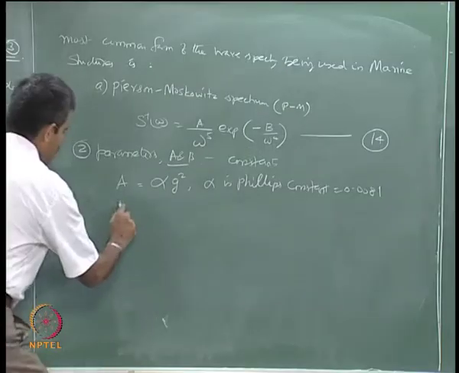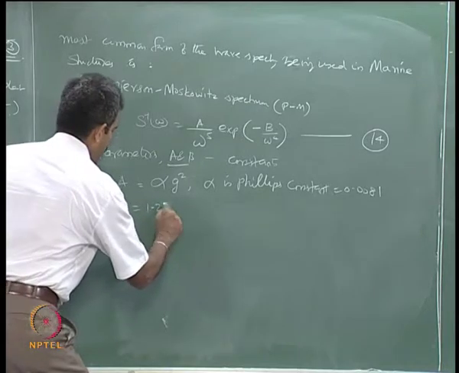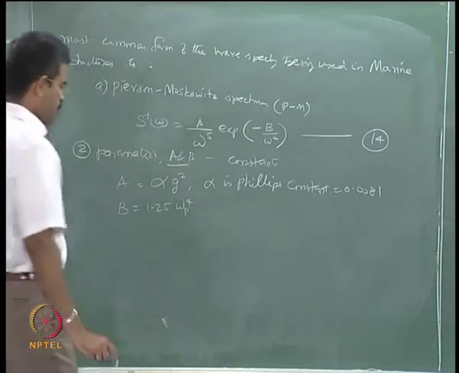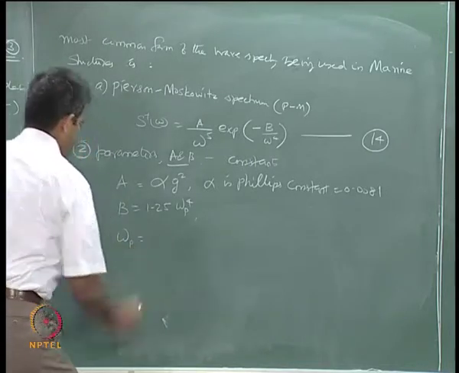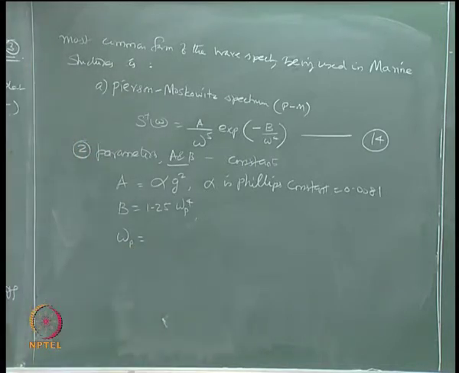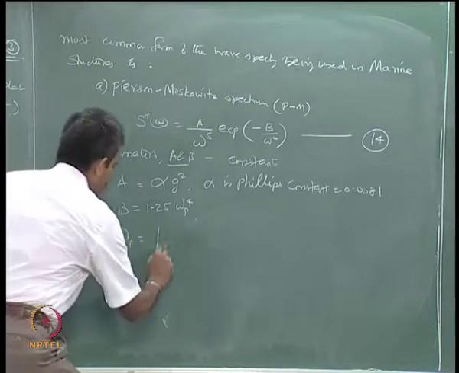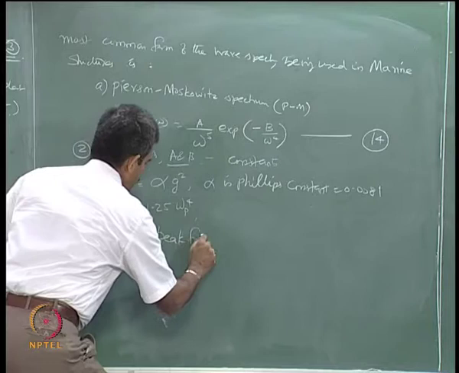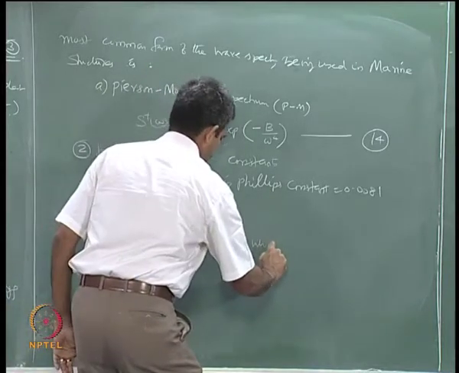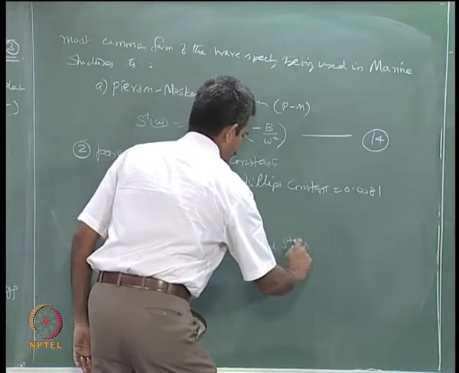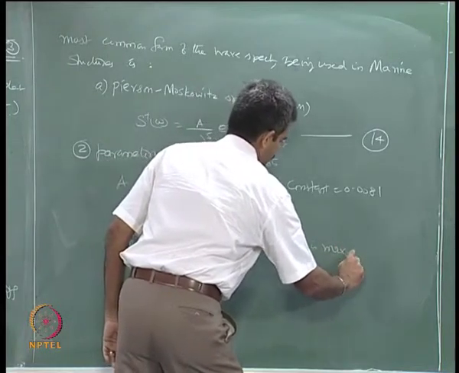B is 1.25 omega p to the power 4, where omega p is called the peak frequency at which S plus omega is maximum.